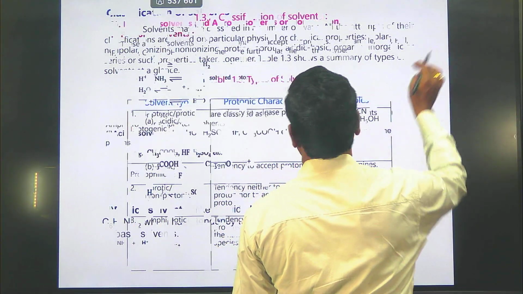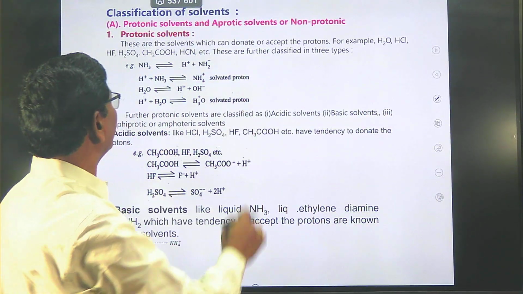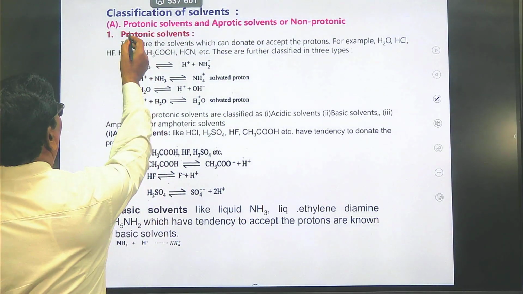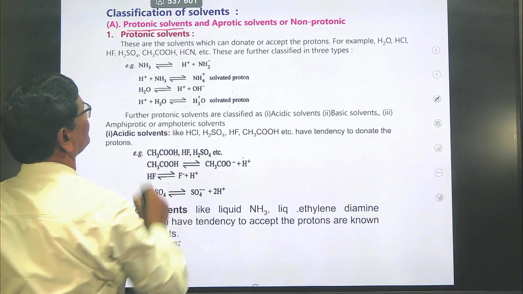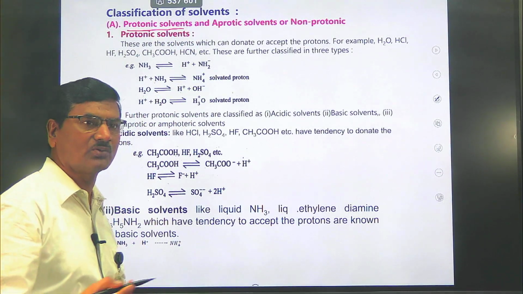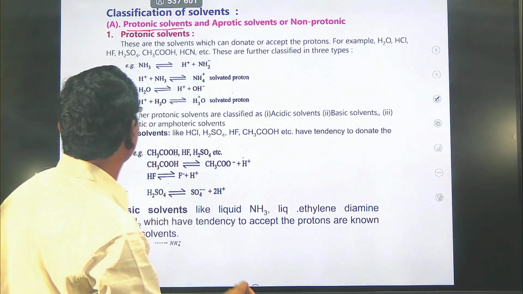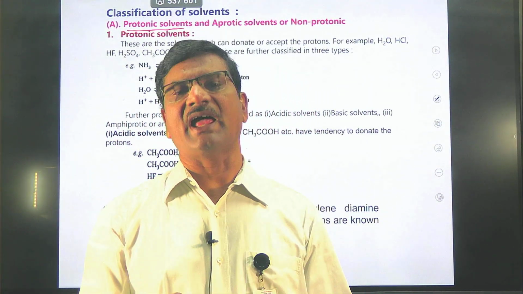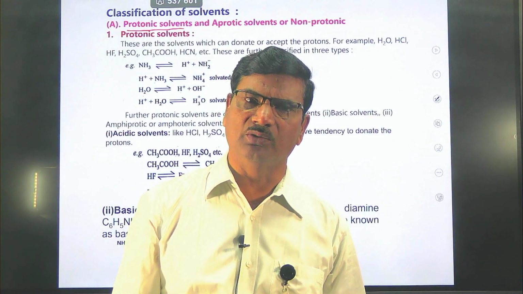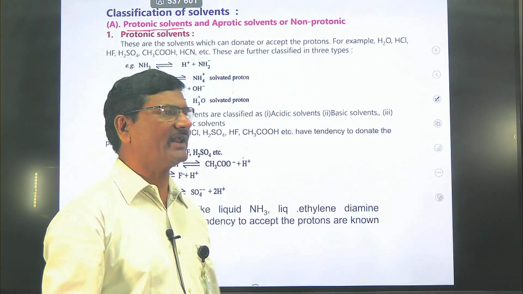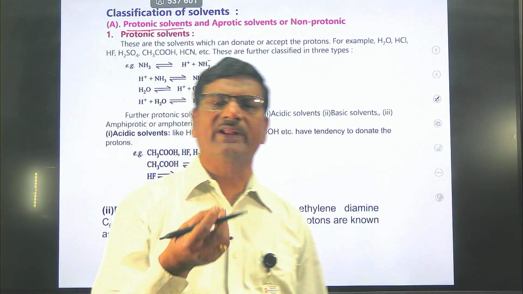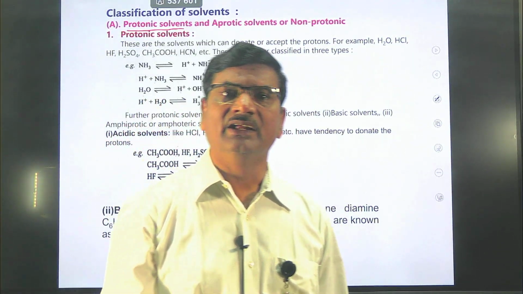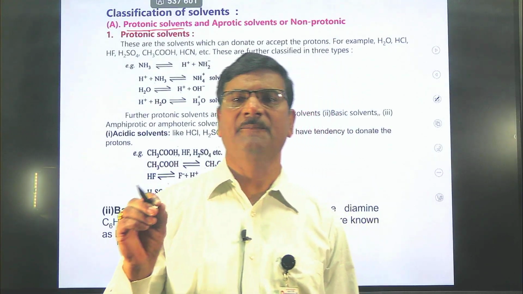If you see here the classification of solvents neatly: first protonic solvents and aprotic solvents, also called non-protonic solvents. A protonic solvent is nothing but a solvent having H+ ion, which is called a proton. For example hydrochloric acid, sulfuric acid, HF, nitric acid: each and every acid has an H+ ion.